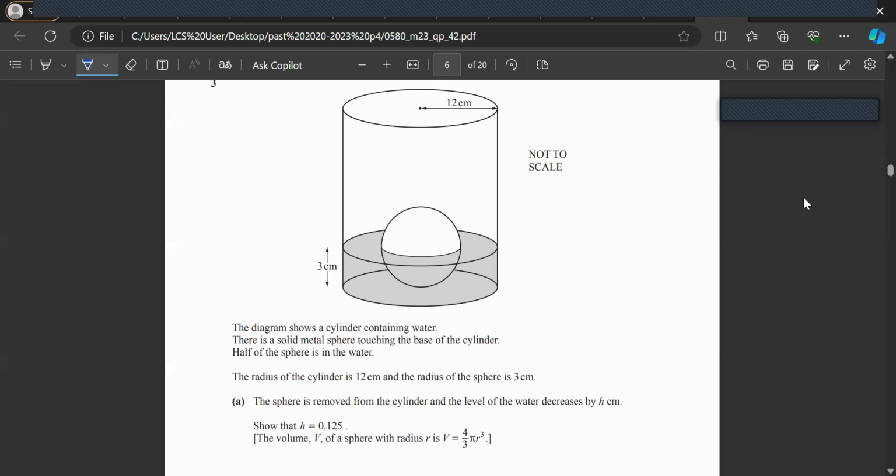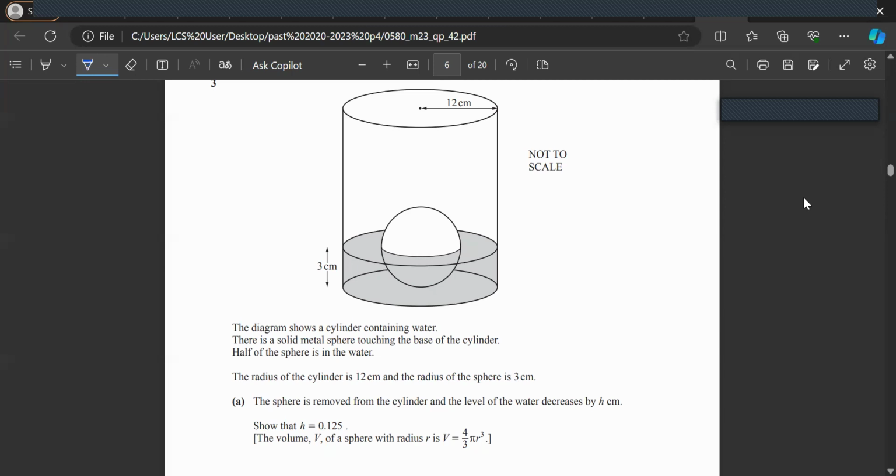Look here. I said before, the volume that is occupied by the half of the sphere is the same as the volume that will decrease, right?